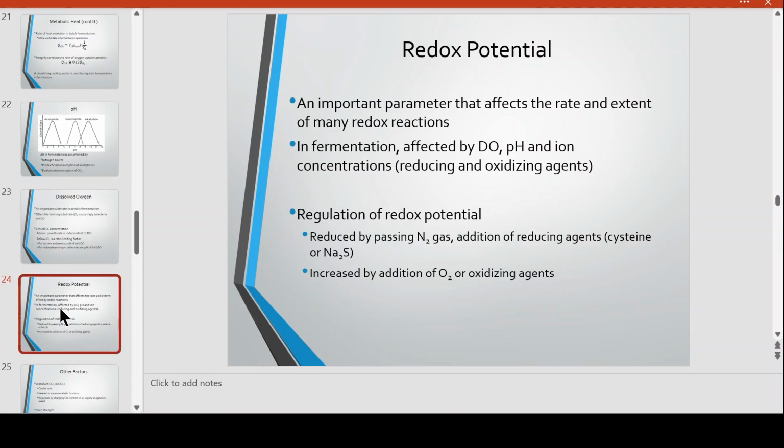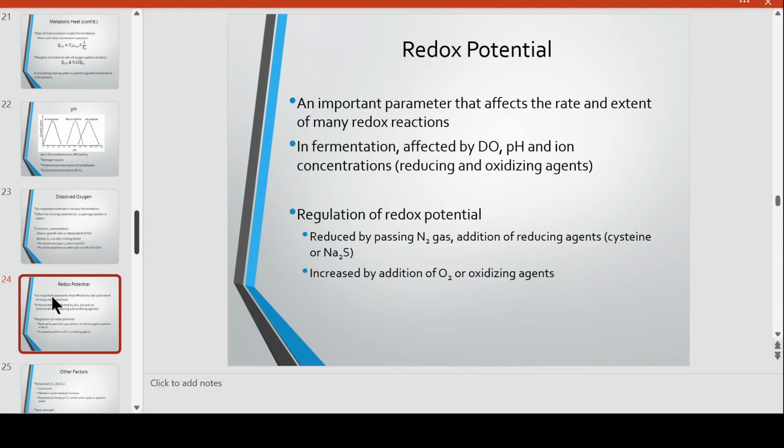Then we also have the last named factor, which is the redox potential. This is an important parameter that affects the rate and extent of many redox reactions. In fermentation, it is affected by DO, pH, and ion concentrations, because we have reducing and oxidizing agents here. In order to regulate the redox potential in the fermenter, they pass through nitrogen gas, which is also a neutral element, and some reducing agent like cysteine or sodium sulfide.